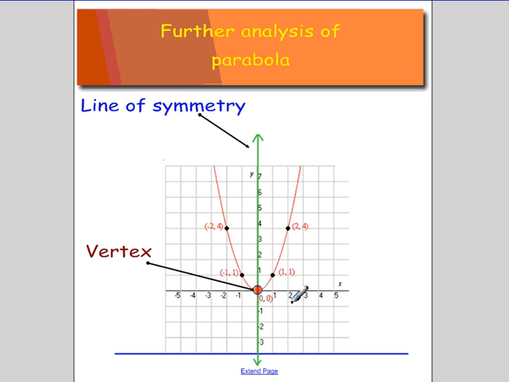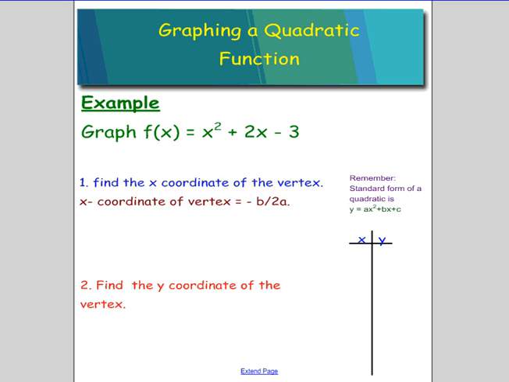Without the vertex, it's very hard to find exactly how to graph it. We might accidentally graph only part of it, just the left side, or only the right side, if we do not know the vertex first. So that's going to be our focus of this video, or at least of graphing quadratic functions. The vertex is the first thing we need to learn how to find.